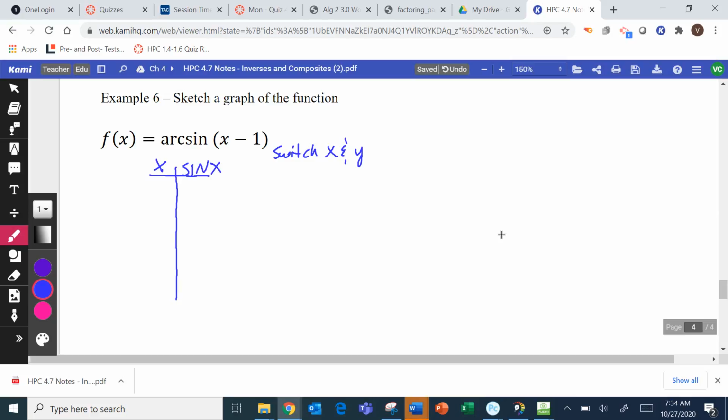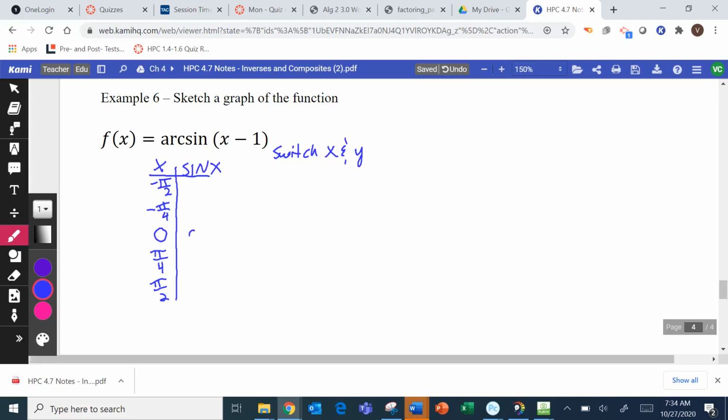But I am going to start, for the x values, with the x values that go from negative pi over 2 to pi over 2, just because that's what we use when we do arcsine. So I'm going to go ahead and start with those function values instead of the ones that I would normally use for sine.